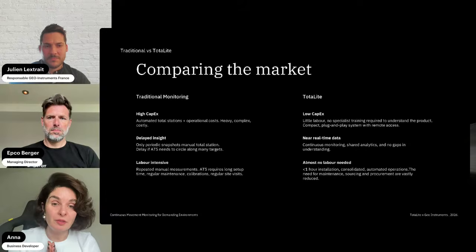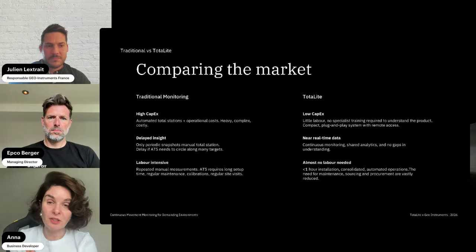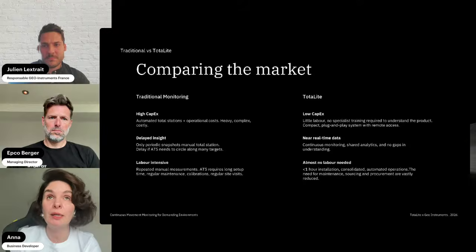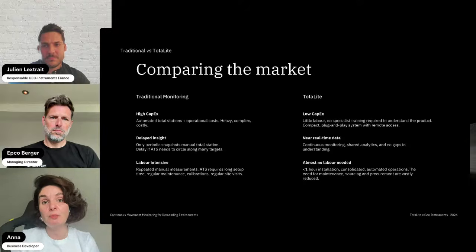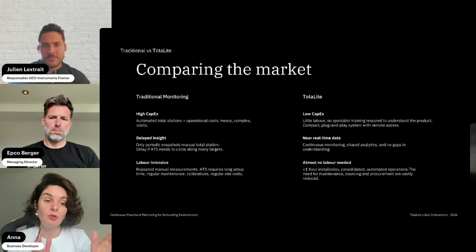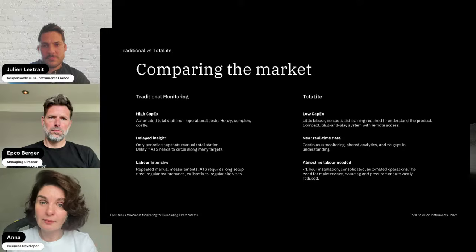And again, labor intense. Total stations require special knowledge and a lot of time to work with, especially if you're working on a project. When you use a manual total station, you need to bring it and install it and everything, while with TotaLite you just install it in the field, go back to the office and have the whole data on your laptop. We can go to the next slide.